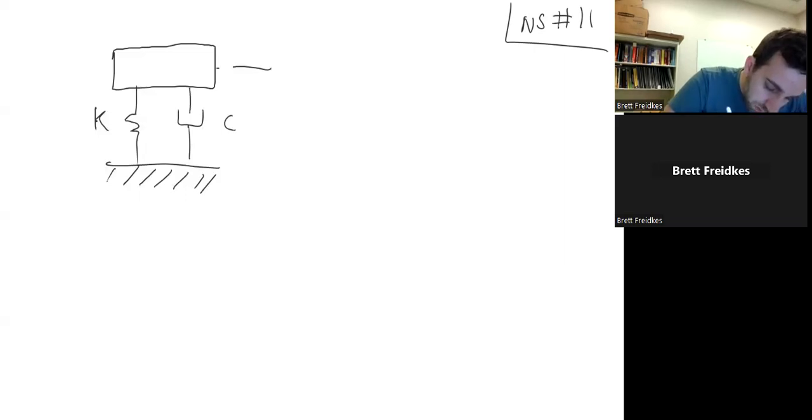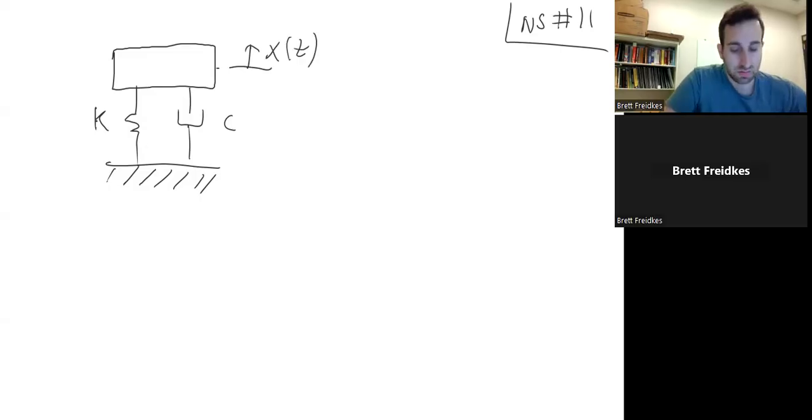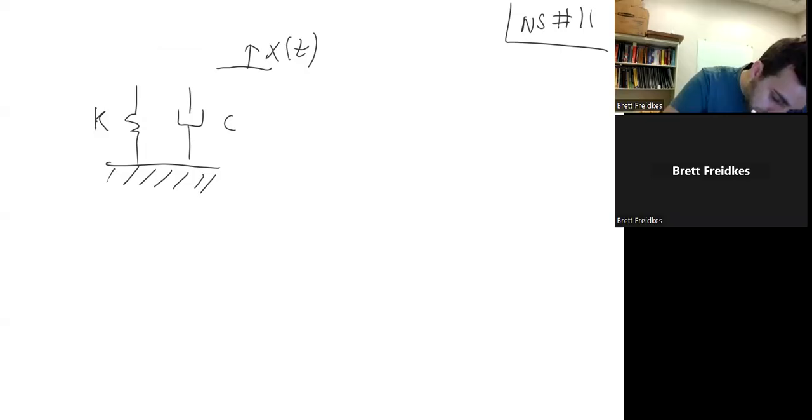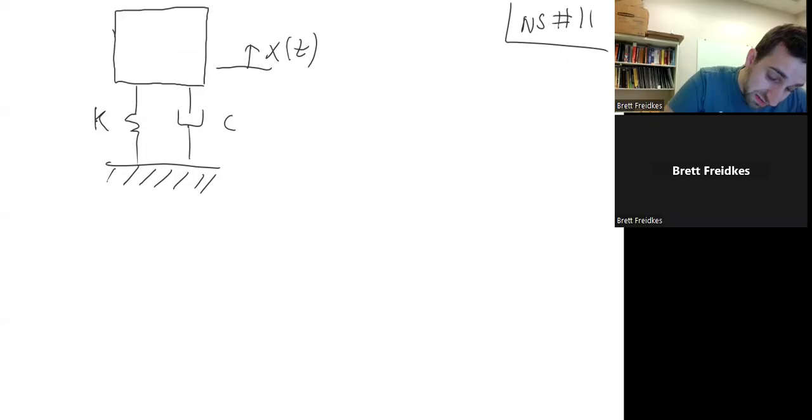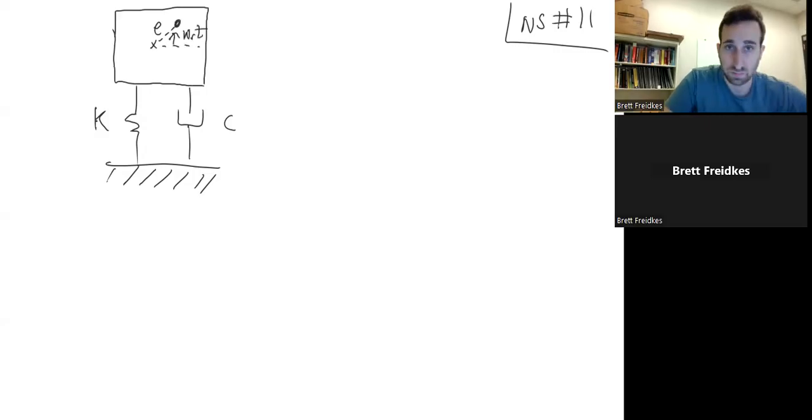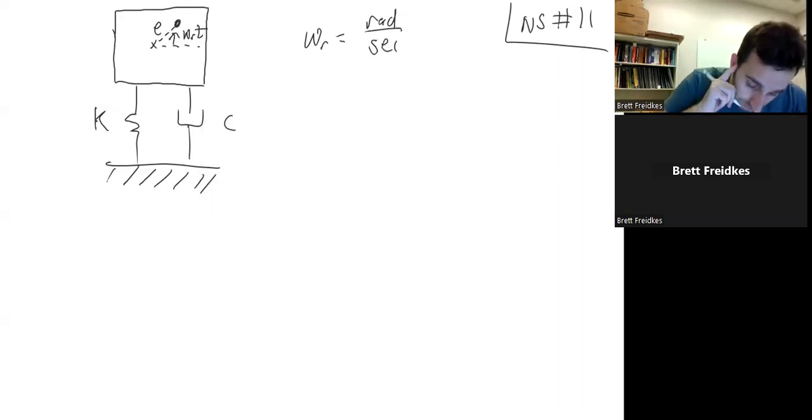This thing is going to be able to move up and down in X. And inside of this guy, maybe I will make it a little bit bigger, you can draw it better, is a point mass that is some distance away that we call E, and it is rotating around with angle omega R T. Omega R is a frequency, something like radians per second, and T is in seconds.